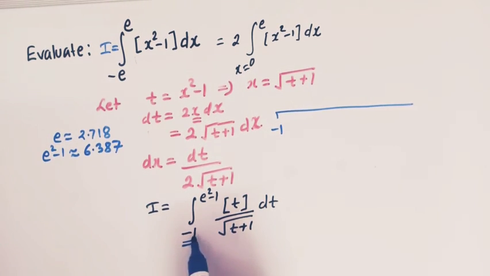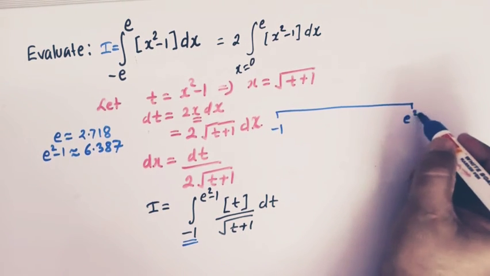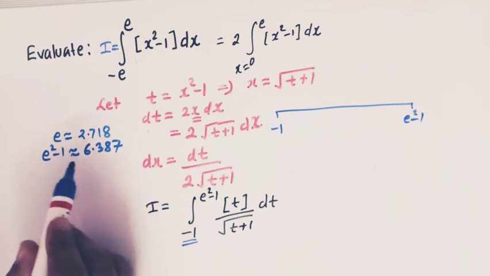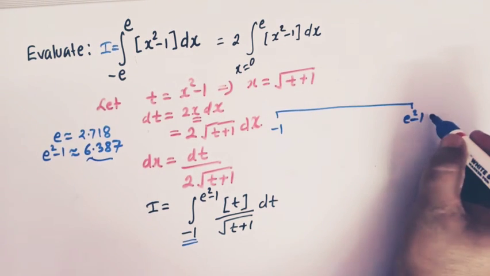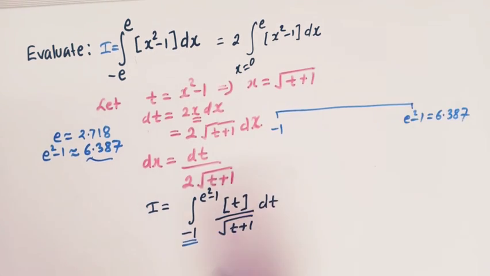Now viewers, if we draw a number line here, suppose we have minus 1, which is the lower limit, and e square minus 1 is here, approximately equal to 6.387.